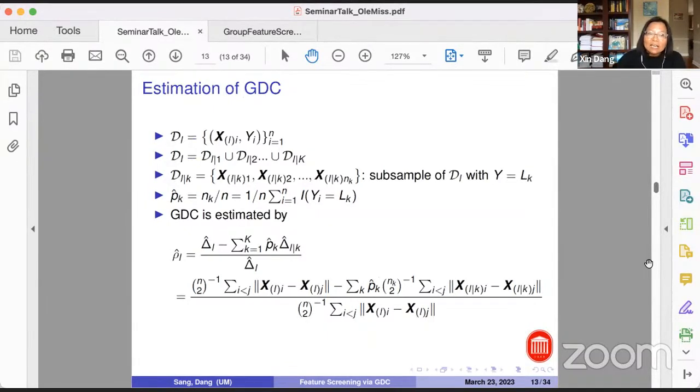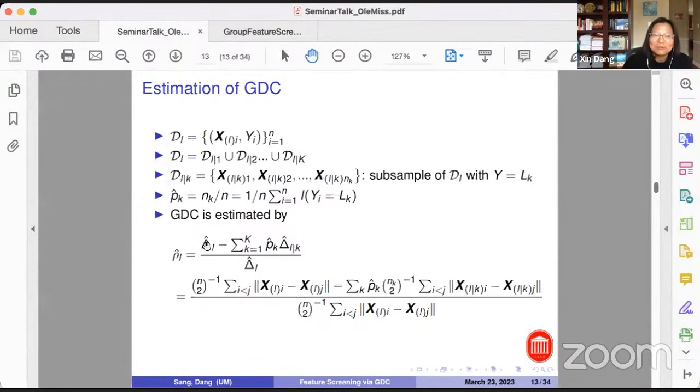So this is how we calculate. We have the data, and all the data can be written as this subsampling of DL. The DL is Y equal to class K, okay? And your p_k is just the number of samples in your class K over the total, and your correlation is just putting a hat on your delta.